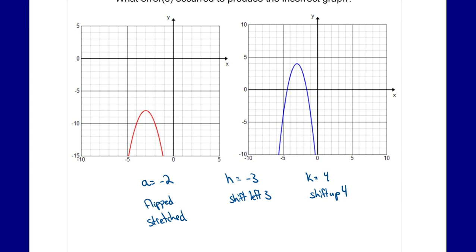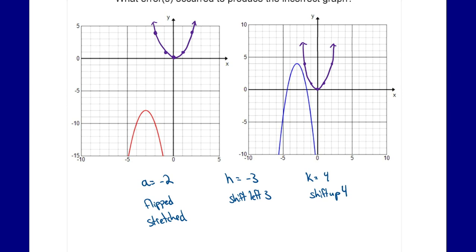So if I want to quickly graph my parent function, I'm going to put it in purple: (0, 0), (1, 1), (-1, 1), and then (2, 4), (-2, 4). There is my parent function on the one graph, and here's the parent function on my other graph. So which graph looks like it's the correct one?